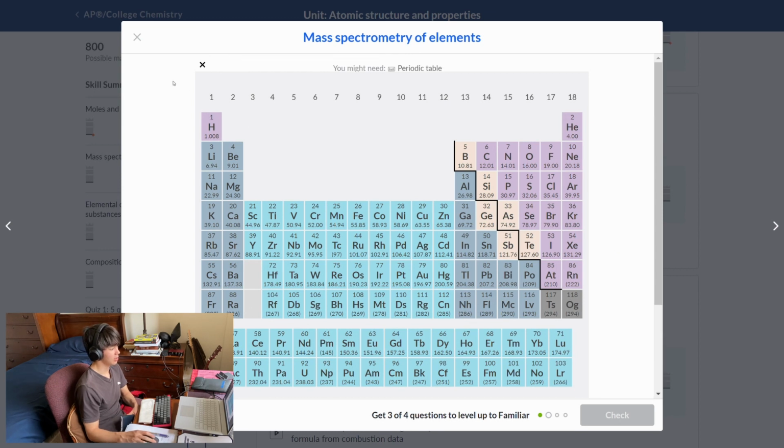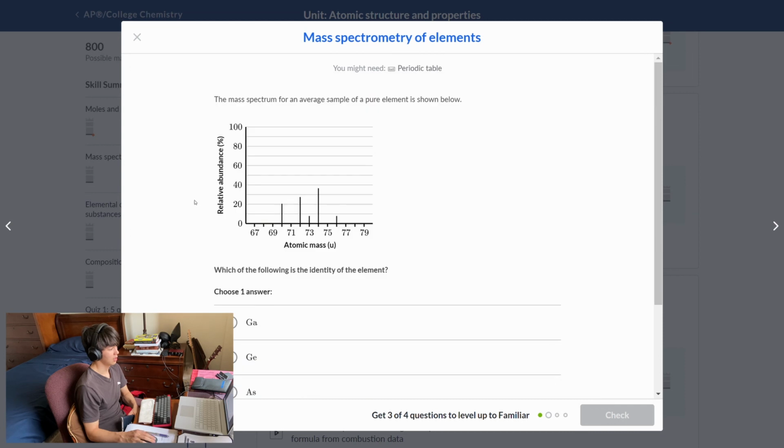Wait, so I find the average mass. I'm just gonna try this. I'm gonna find the relative abundance. So it's 20%. Is it just which element is the most abundant?